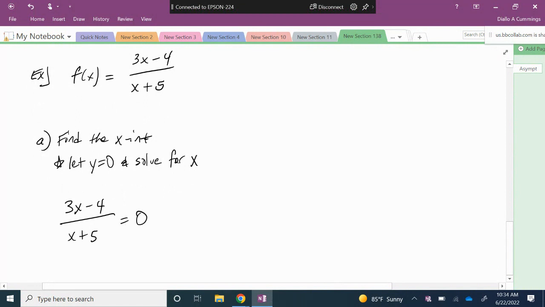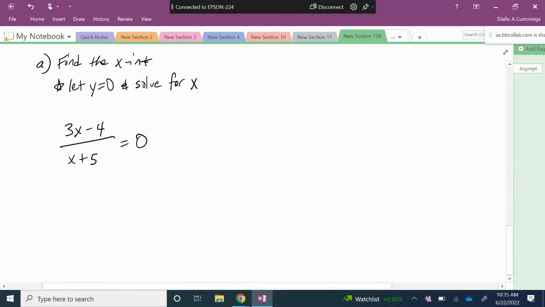All right, so I just took that equation and set it equal to 0. Now, the first thing we want to do here is get rid of the fraction. So in order to get rid of the fraction, we're going to multiply both sides by the denominator, x plus 5.